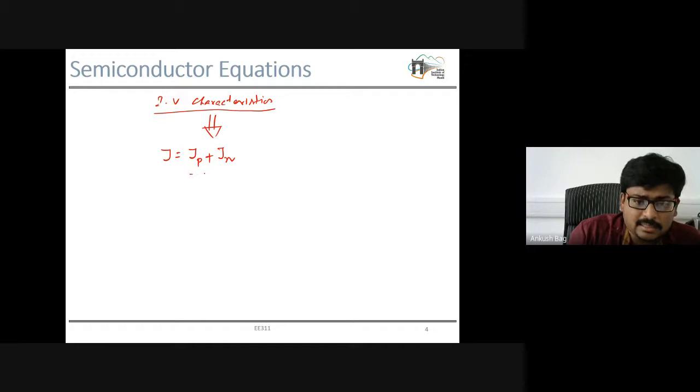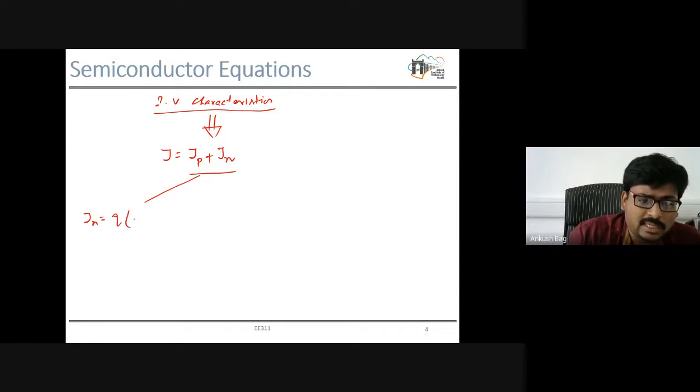Now I am trying to recapitulate the previous class. Then we'll see what the fundamental mechanisms are.